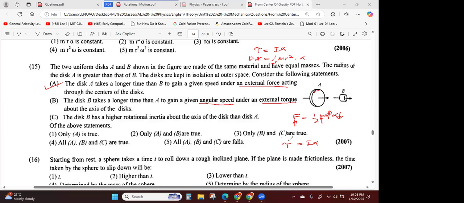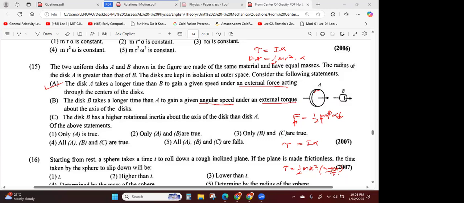So tau equals I, which is half m r squared, times alpha, which is omega minus omega naught over t. Initial velocity is zero, so we can directly take omega over t. M is constant, R is large for A.